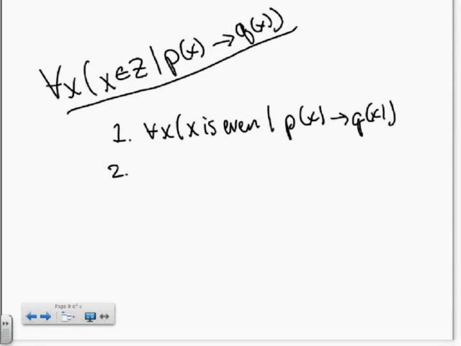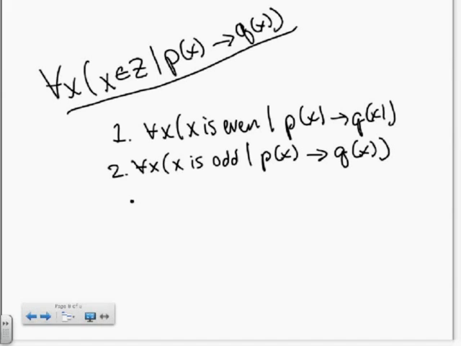And then to separately prove that this premise P implies Q holds true for all odd integers. Through this, we have proved that for all integers, P implies Q. This is how you do a direct proof by case.